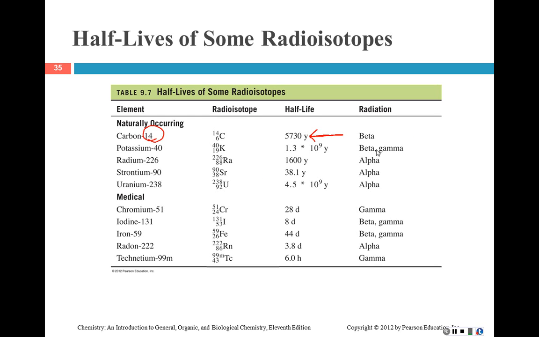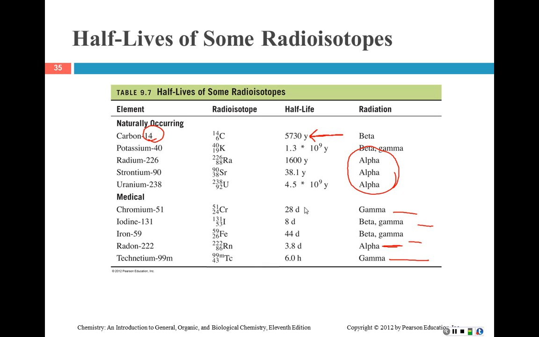Potassium-40 is a beta gamma emitter, and radium, strontium, and uranium are all alpha emitters, which are pretty strong. Some of the ones we use in medicine are gamma, and radon itself is an alpha emitter.